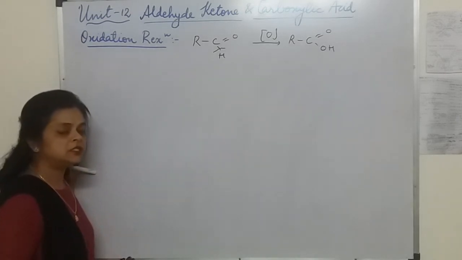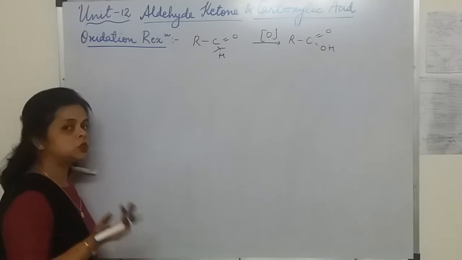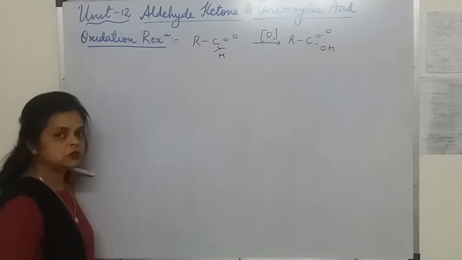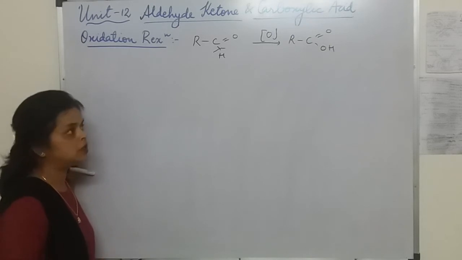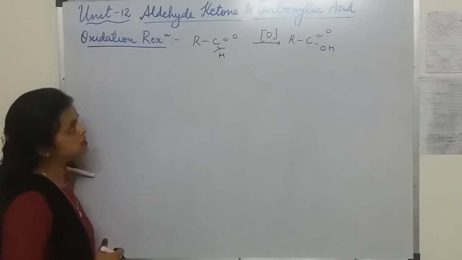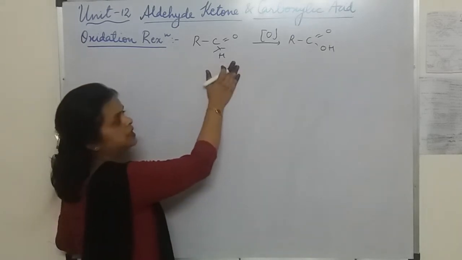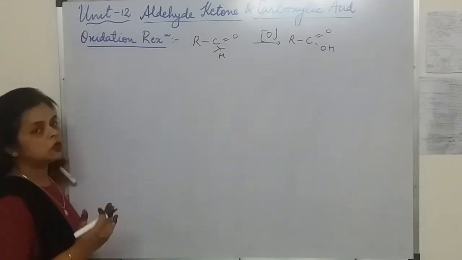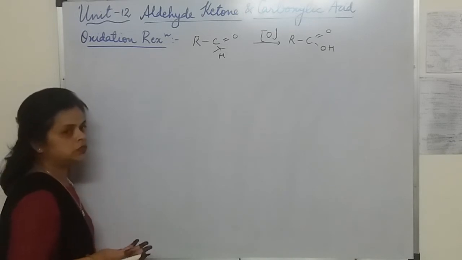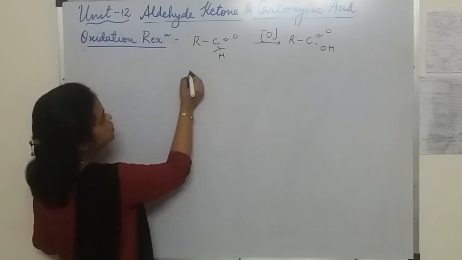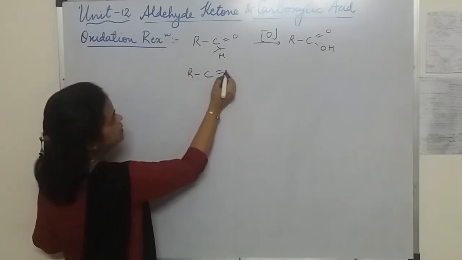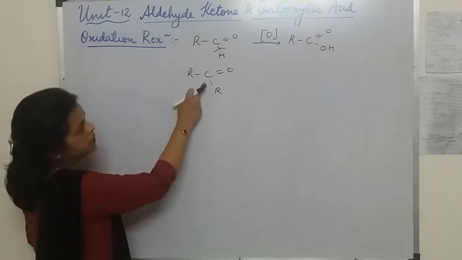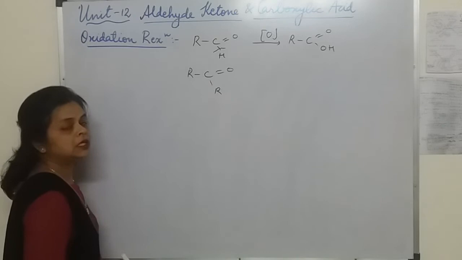Mild oxidizing agents, suppose Tollens reagent, Fehling solution, or if you are taking the Benedict solution, if you are taking the bromine water, these are all mild oxidizing agents. They all can oxidize aldehydes into carboxylic acids. But when we talk about the ketones, RCOR, now here the carbon-carbon bond has to be cleaved.